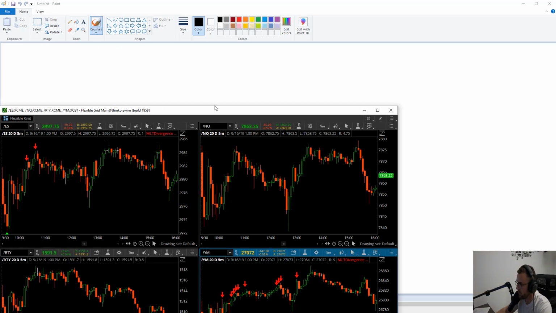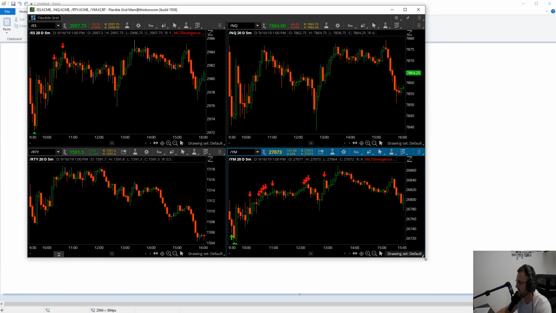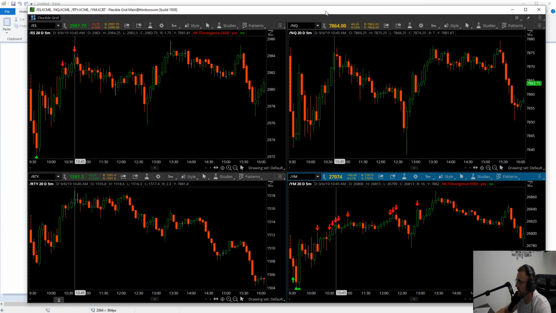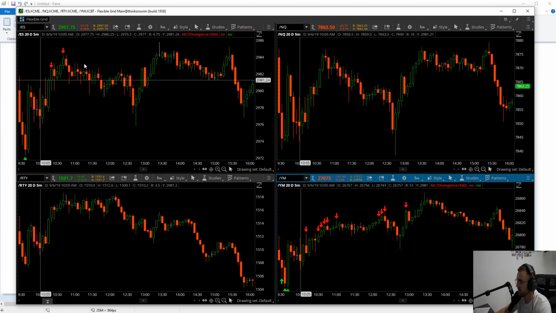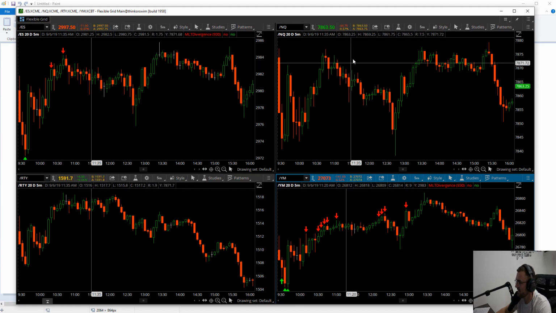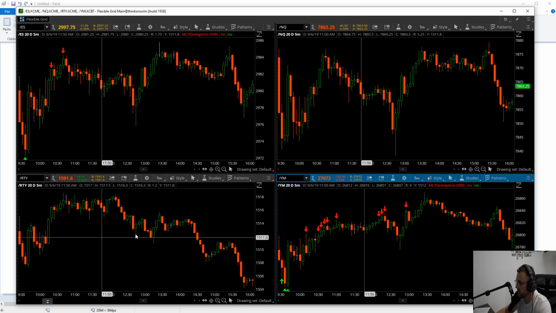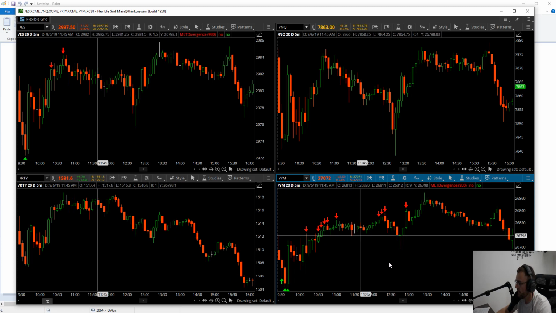Well, I'll pull up a chart here and you guys can see this. What we're looking at right now is a 4-grid chart of the 4 indices we were just talking about. We've got the S&Ps up here in the top left, Nasdaq over here top right, Russell here bottom left, and the Dow over here in the bottom right.